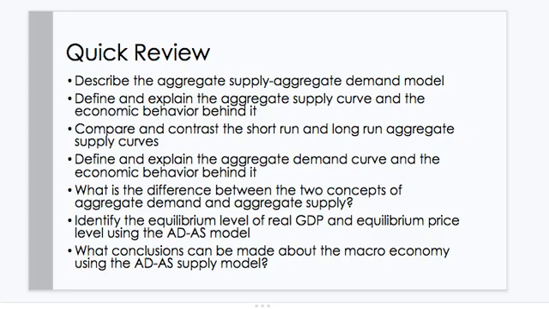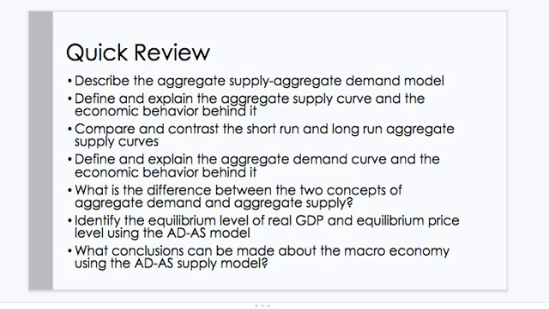Quick review: describe the aggregate supply, aggregate demand model, define and explain the aggregate supply curve and the economic behavior behind it, compare and contrast short-run and long-run aggregate supply curves, define and explain aggregate demand and behavior behind it. What is the difference between the two concepts of aggregate demand and aggregate supply? Identify the equilibrium level of real GDP and equilibrium price level using ADAS model.